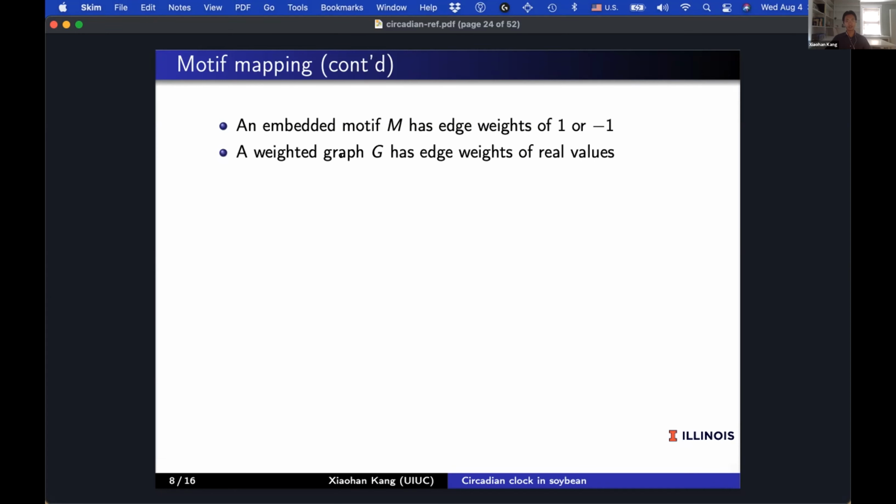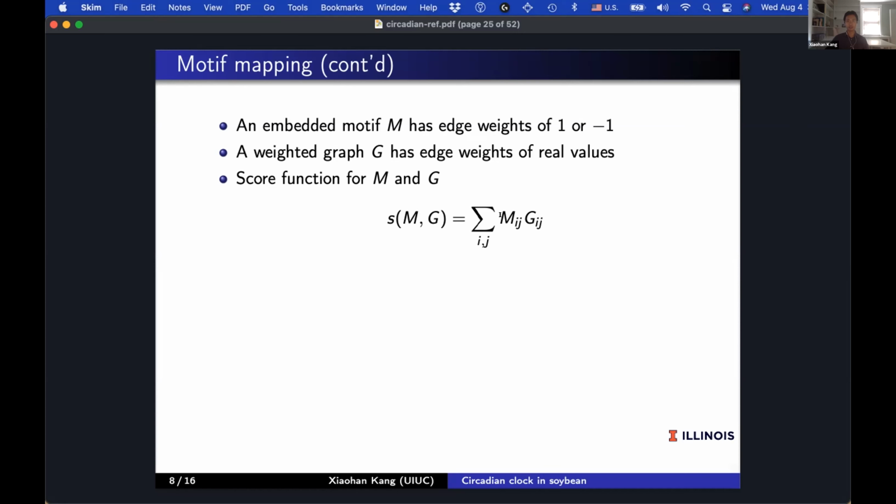and we look at a weighted graph that's coming from the prior knowledge, which has weights of real values, and then we can calculate this score function of M and G, which basically measures how similar M and G are. It's summing up the product of the edge weights for the 2 graphs.